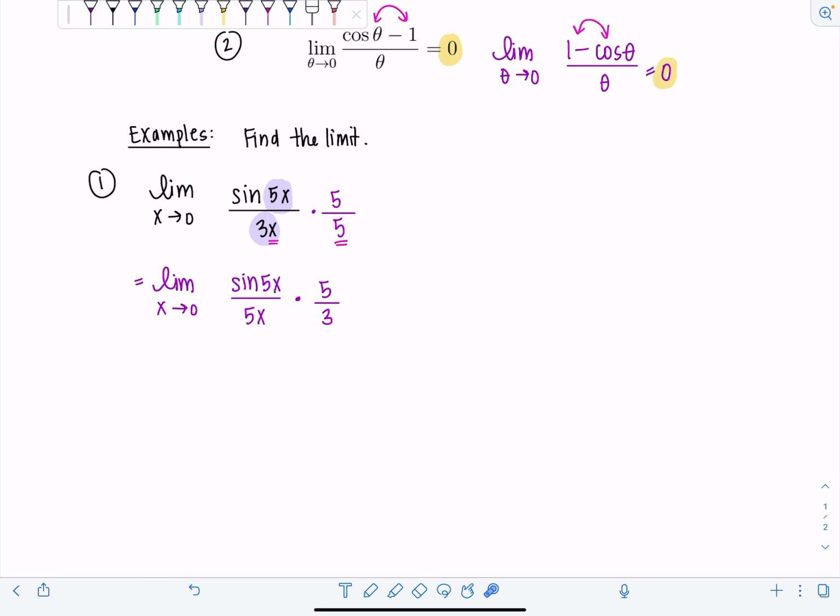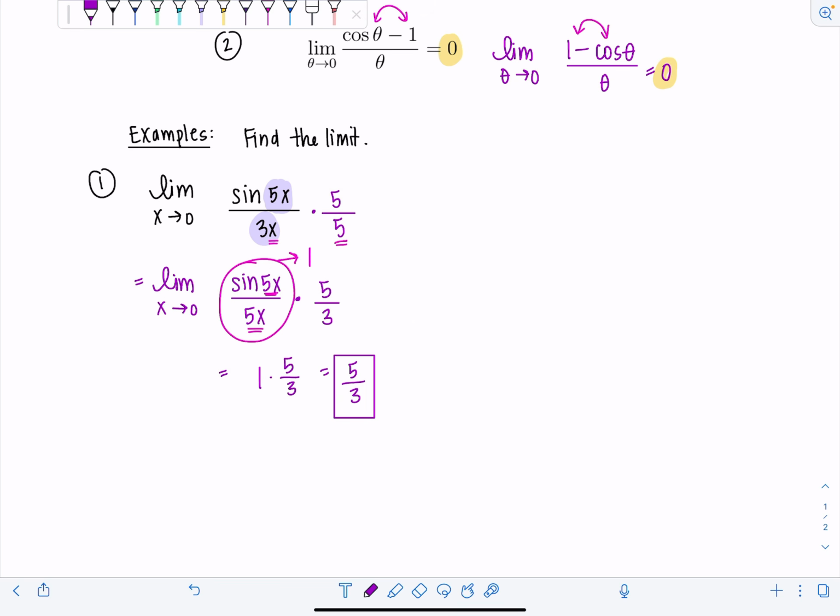But I'm super happy since now I have sine of 5x over 5x, which means I can use my limit formula. So this expression is going to approach 1. Woohoo! So our final result is that we have 1 times 5/3, which is 5/3.